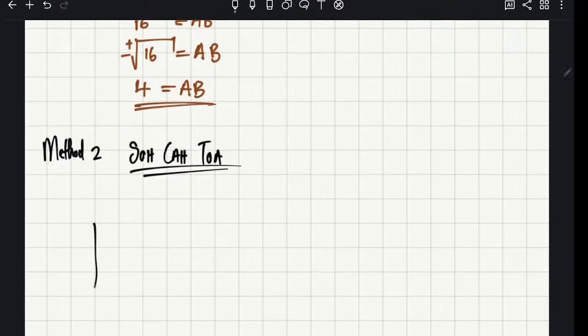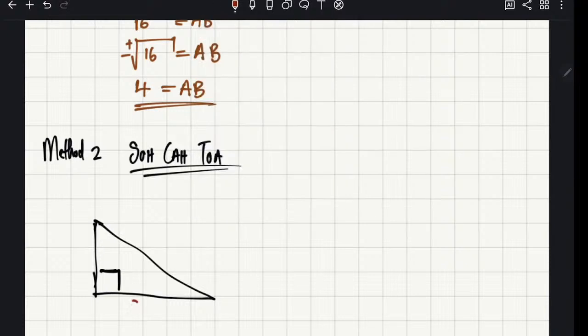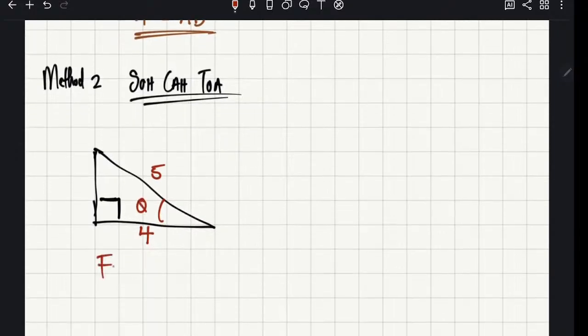Let's say you get something like this. There we go. Four, 5, theta. Then the question says, find theta.